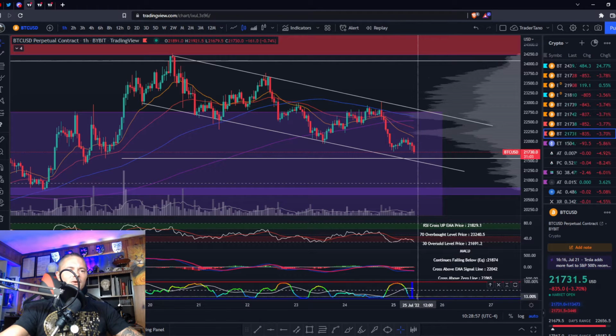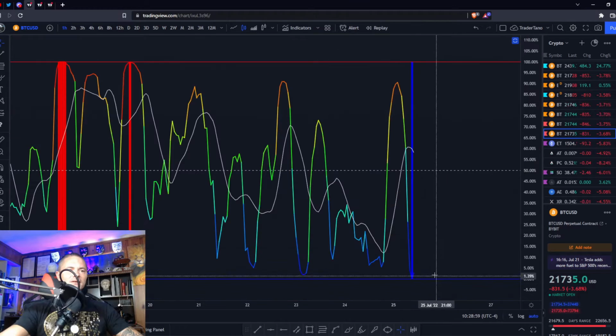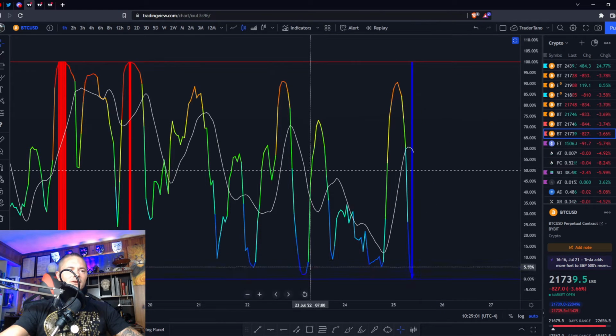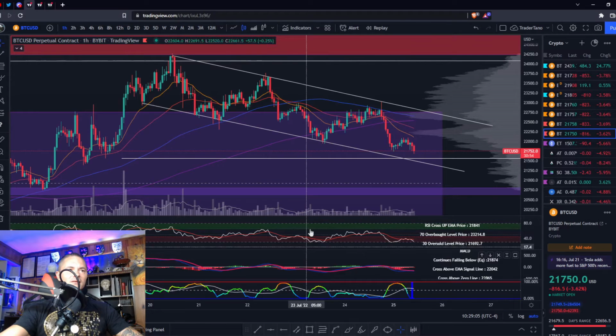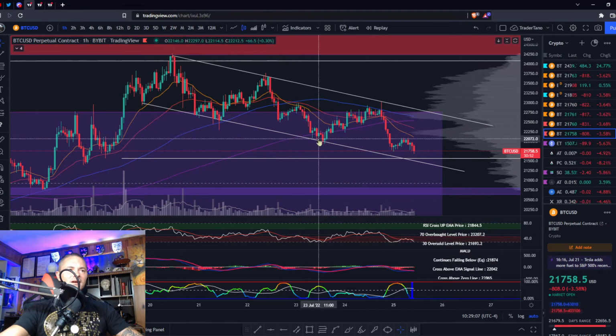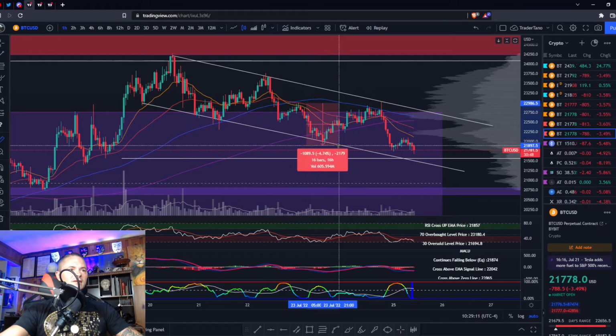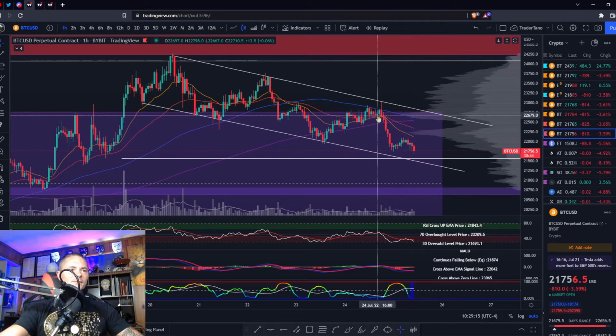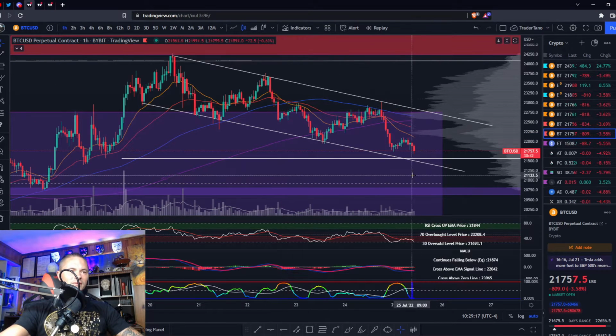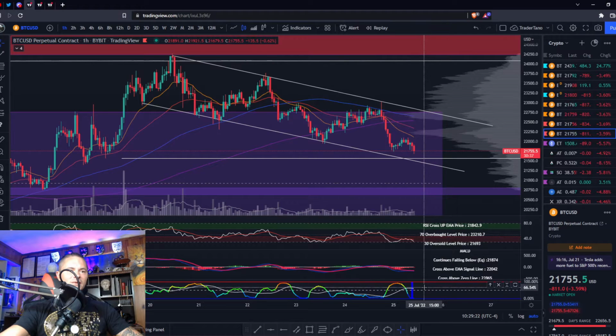You want to watch when this turns direction. And it looks like, the last time we were this low, we had about a 5% move. Let's see. Yeah, about 4.5%. So we're going to find out what happens once this BBWP turns around.